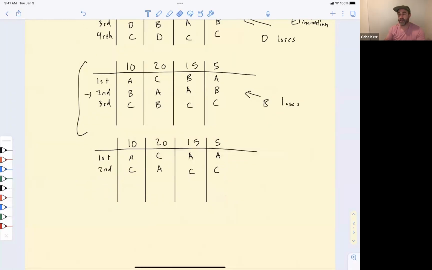So now we have a head-to-head situation, and we should have a winner. Of course, if you have a tie in this case, I would recommend you fiddle with your numbers a little bit so you don't get in that situation.